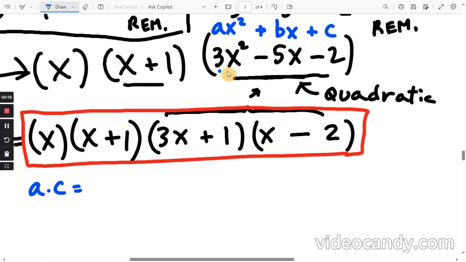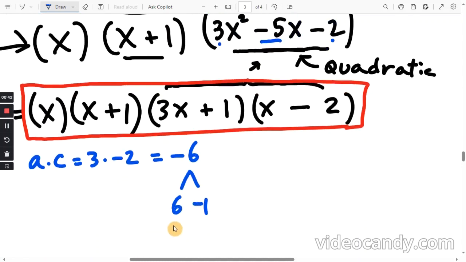So that's going to be 3 times -2, and that equals -6. What are the factors for -6? We want to keep going until we find a pair that adds to -5. If we do 6 and -1, that's +5. If we do -6 and +1, that would add up to -5.